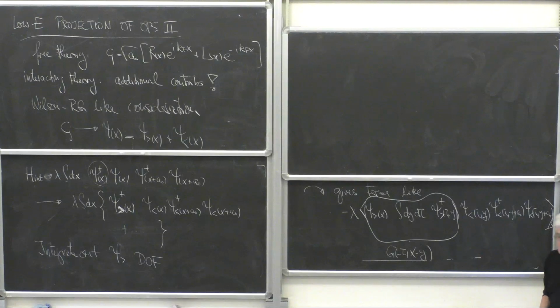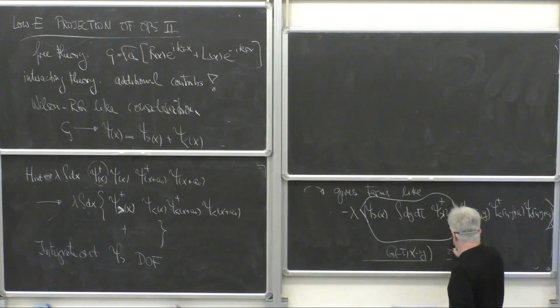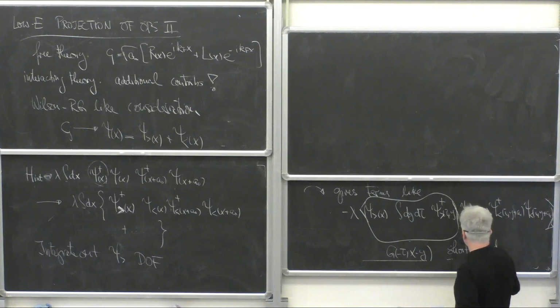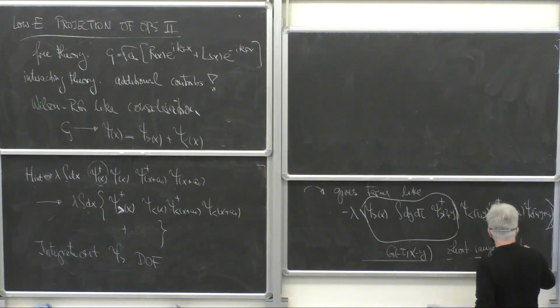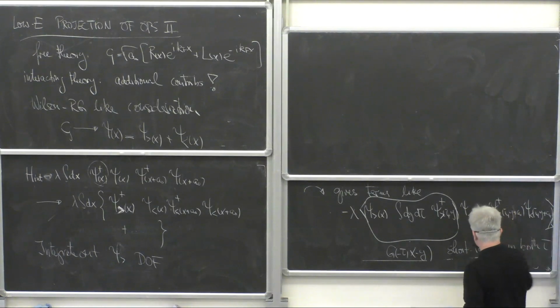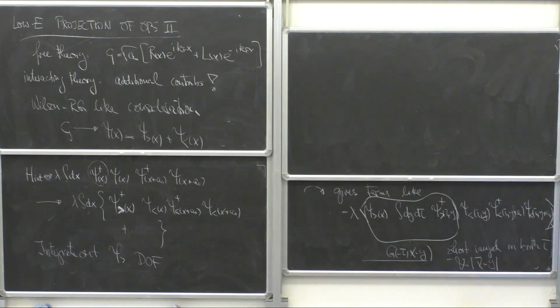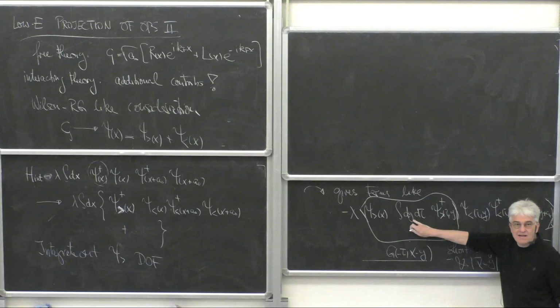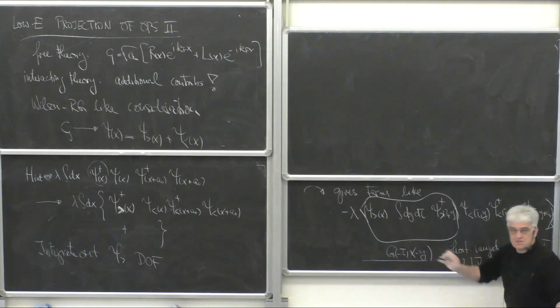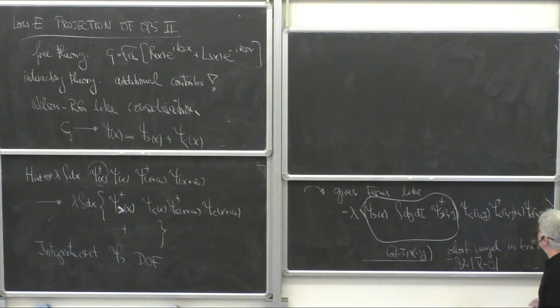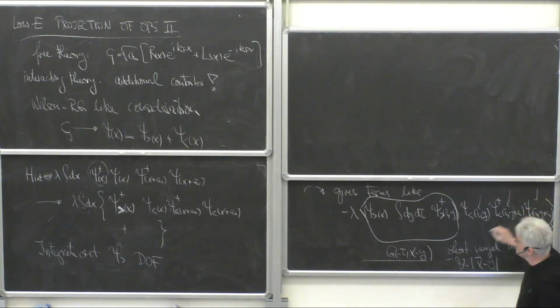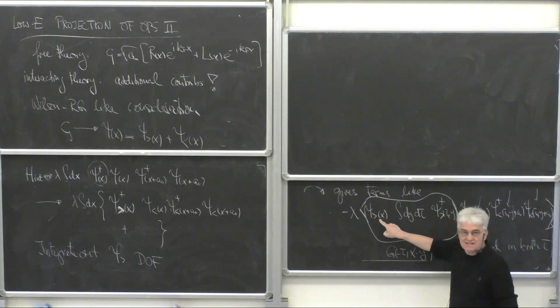Importantly, this is short-ranged in both tau, imaginary time, and the distance, which means I can take this integral over y and tau because the Green's function is very short-ranged. That sets the arguments of these three fields to be the same as what I had here, namely y becomes x and tau becomes 0.